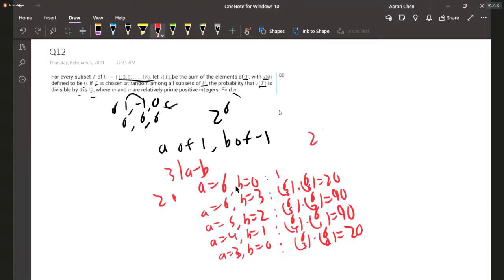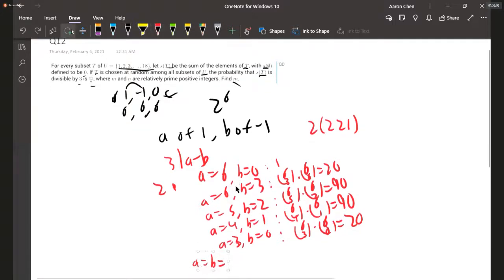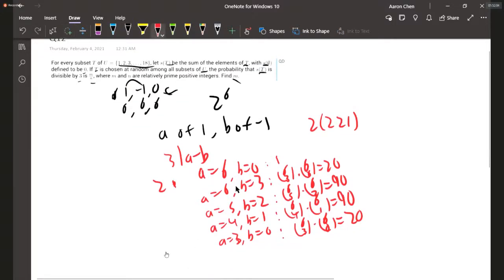This is 2 times 221. And now the other case is where A equals B equals 6, 5, 4, 3, 2, 1, or 0.